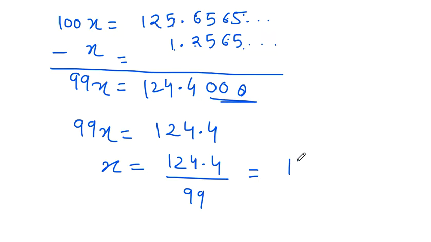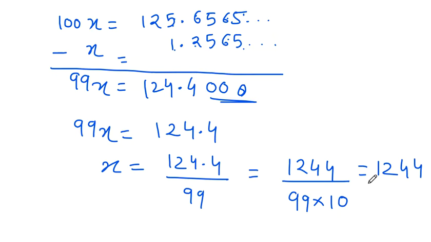So here 1244 upon 99. I removed the decimal. But after the decimal, there's only one number. So that means you will multiply by 10 in the denominator. Why? Because the decimal is in the numerator. So you multiply by a multiple of 10 in the denominator. Now this becomes 1244 upon 990.